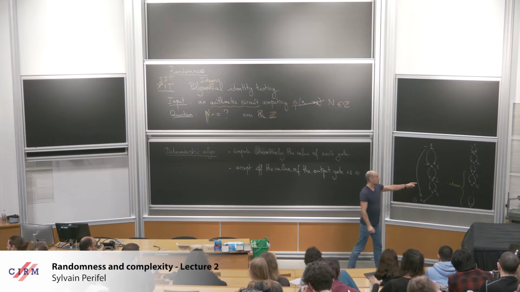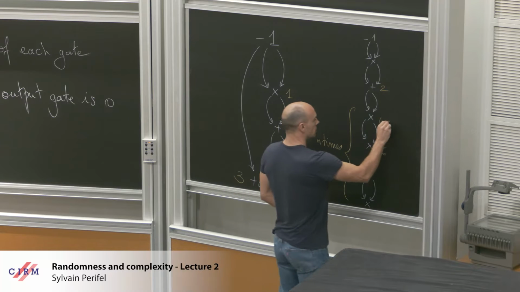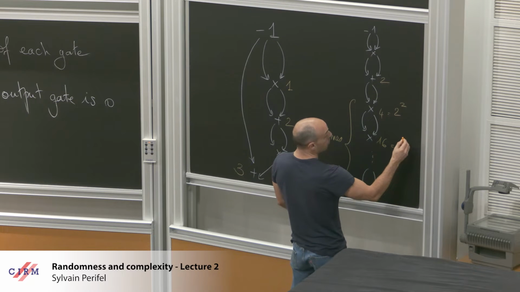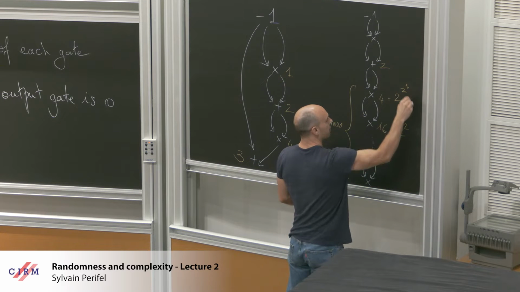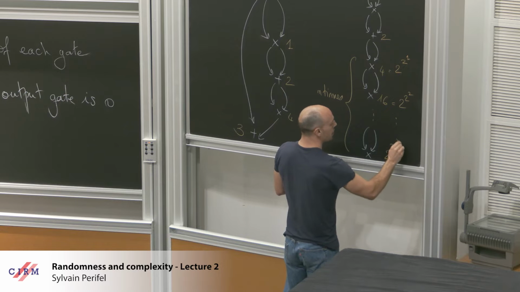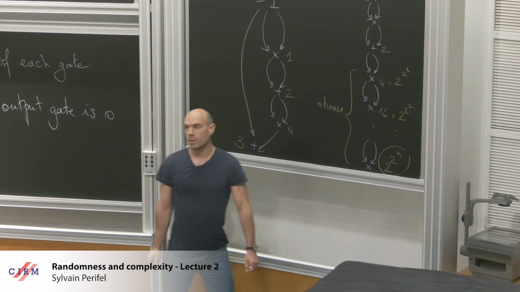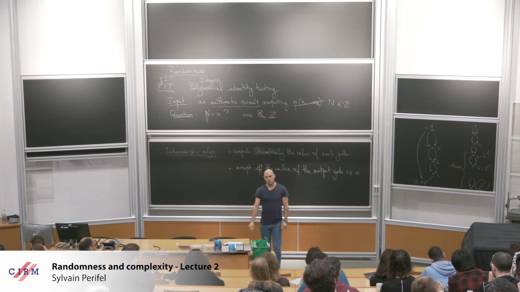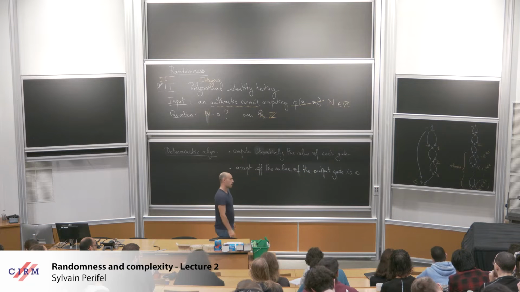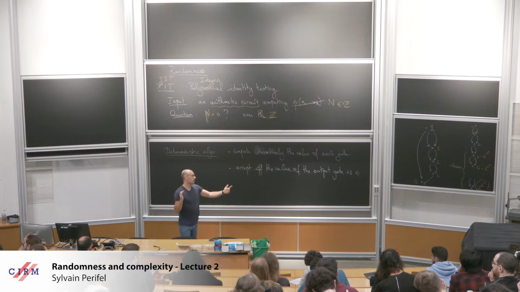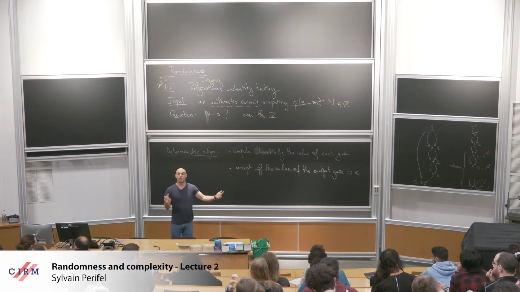The value here is 2 to the 2, here is 2 to the 4, and so on. And the value here is 2 to the 2 to the n. So with n iterations, you've computed 2 to the 2 to the 2 to the n. So this is an integer which takes an exponential number of bits to write.